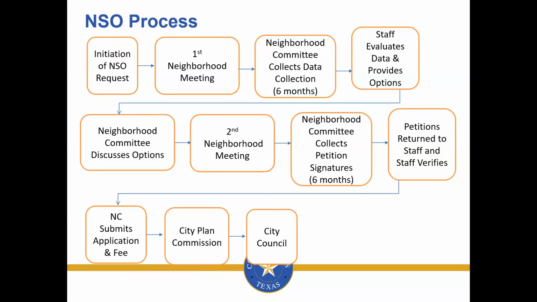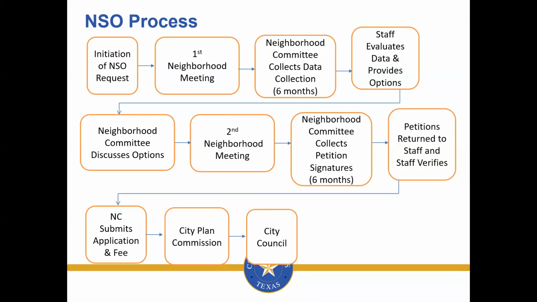After that, the neighborhood committee will again collect petition signatures, and it'll take again 6 months to go through that process, because you'll have to actually go door to door and get the signatures from everybody in the community. Once the petitions are returned to staff, staff will verify those signatures. Then after that, the neighborhood committee will submit the actual application and pay the fee.